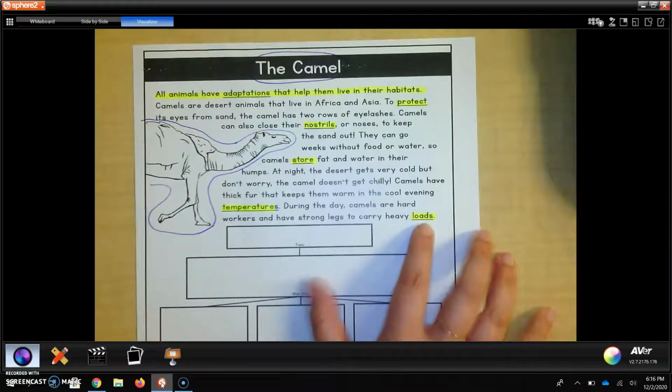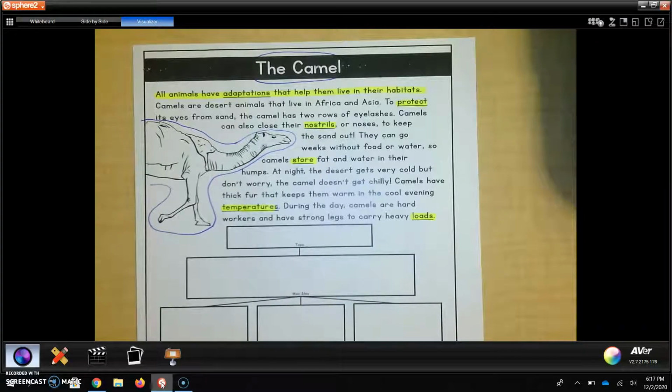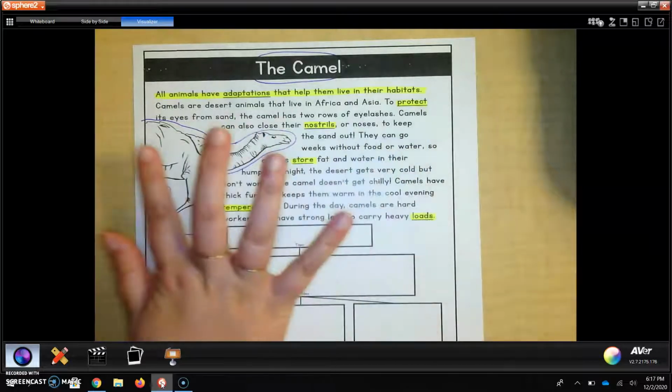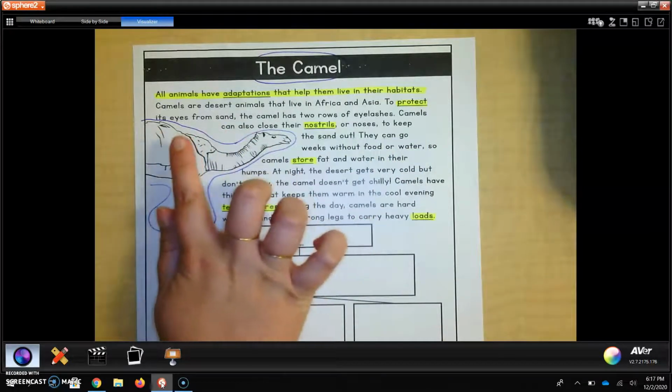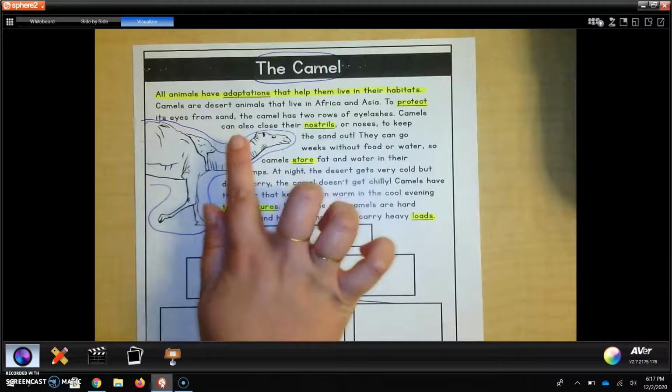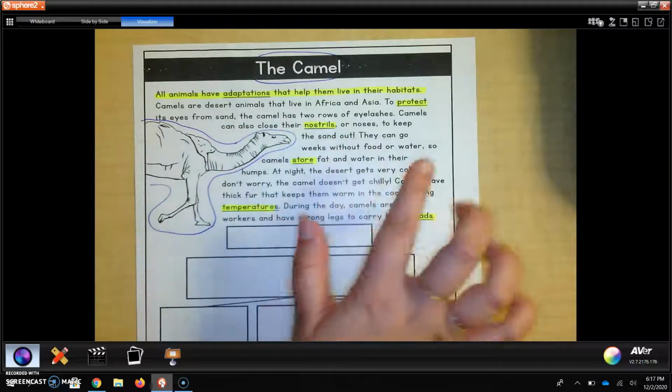So as I was going through that, I noticed a pattern: all these words had something to do with something special that their body did. Like protect. When we read the rest of that sentence, to protect their eyes from the sand, the camels have 2 rows of eyelashes.